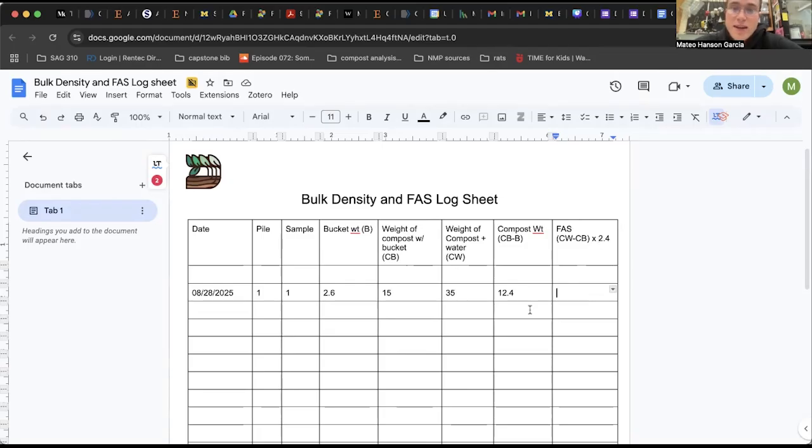So in this hypothetical scenario, we are at a pretty high level of free airspace. 48% of the entire matrix is free airspace.